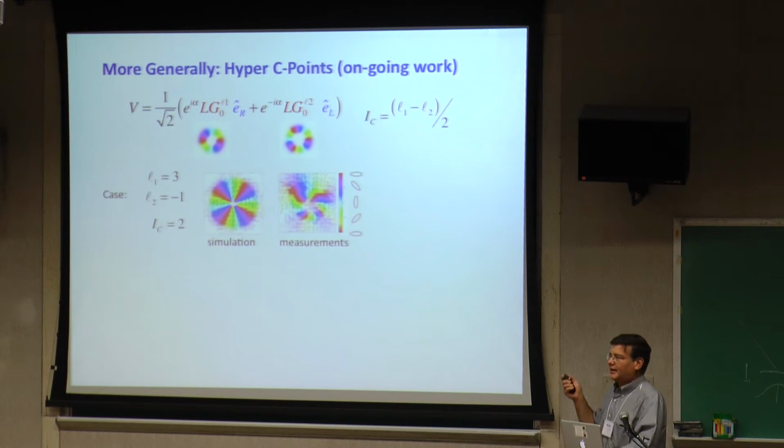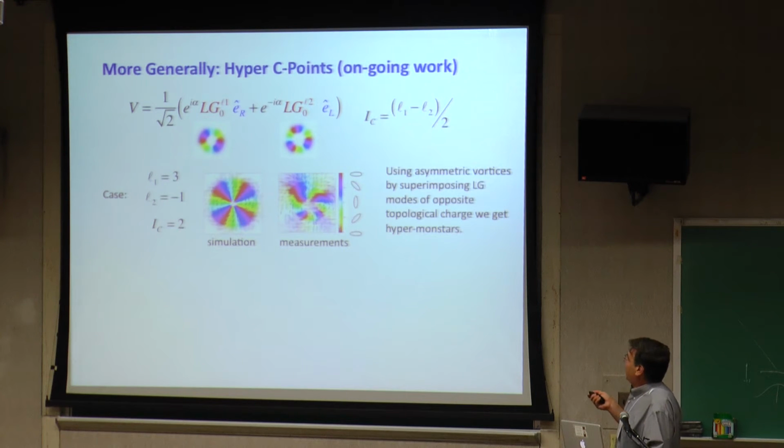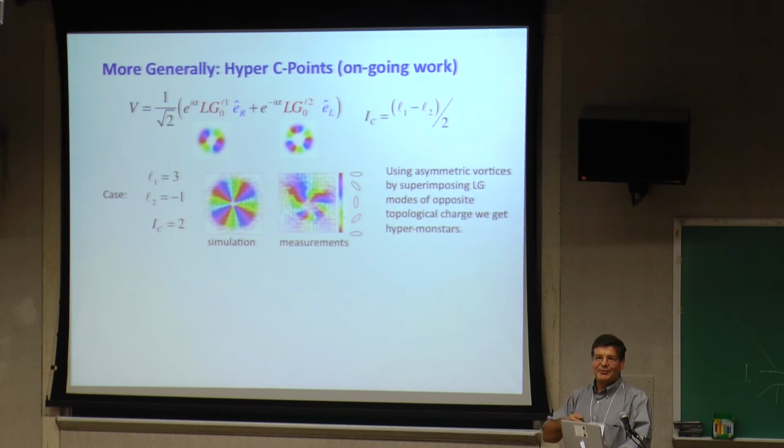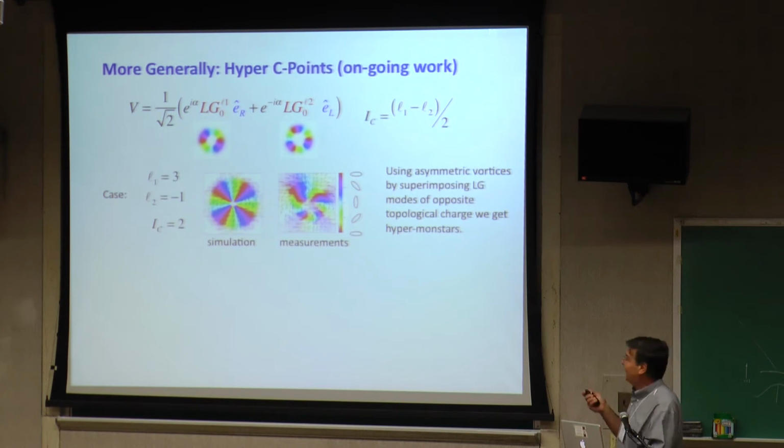In fact, Lorenzo showed that pattern today because they did a similar measurement with a Q-plate. And then we've also been doing these type of measurements and more. We've been working on making monstars. So then when this index goes above 1/2, then Freund called it hyper C points. So we're making hyper lemons and hyper stars and also hyper monstars.